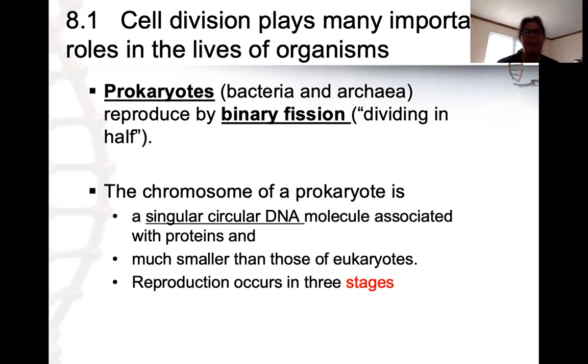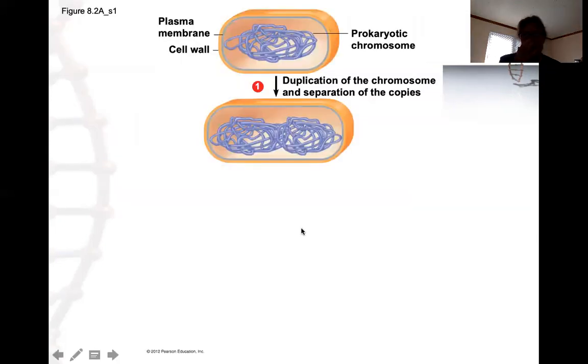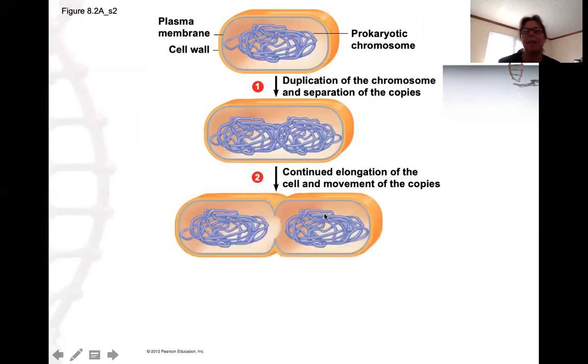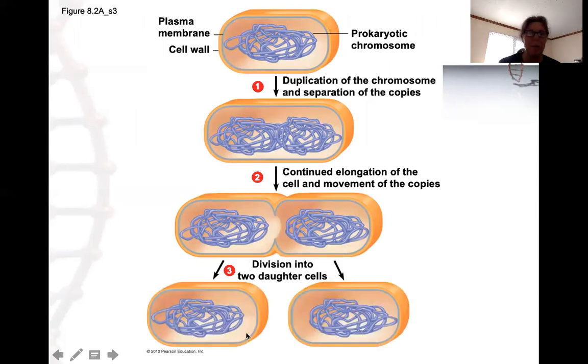Prokaryotic cells have a single circular DNA molecule, so they just have to replicate that one circular chromosome in order to put one identical copy in each of the two cells that it will divide into. So if we can see here in our diagram, we have a prokaryotic cell. It's circular DNA. We're going to make a copy. We're going to elongate our cell, pinch it in the middle, and now we have two identical daughter cells.